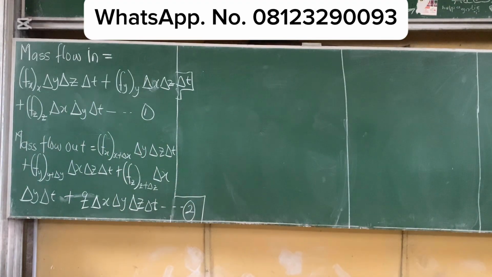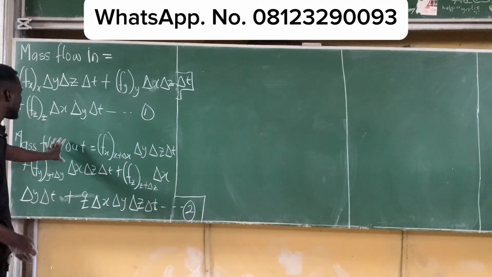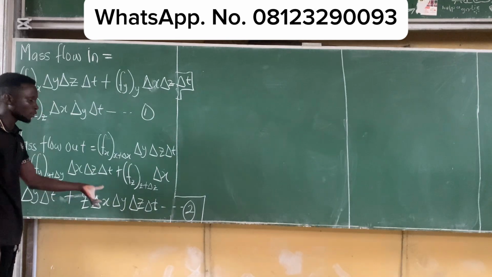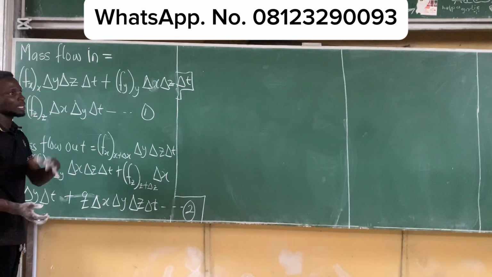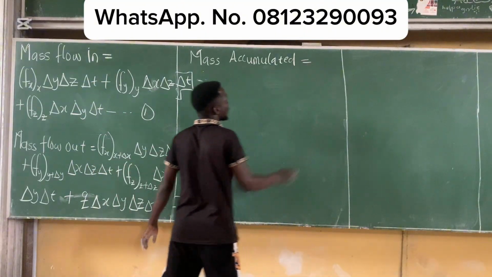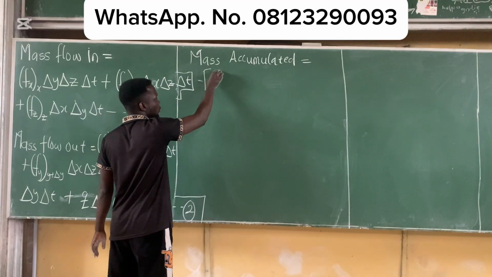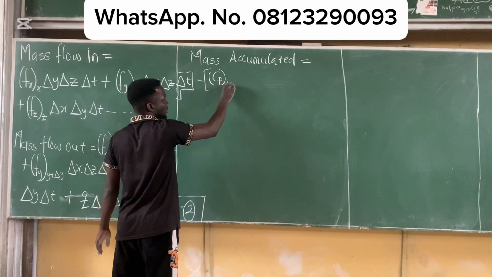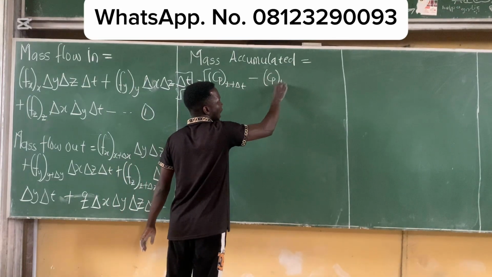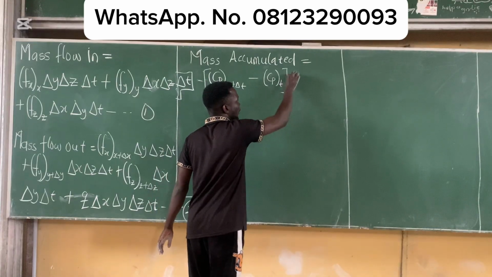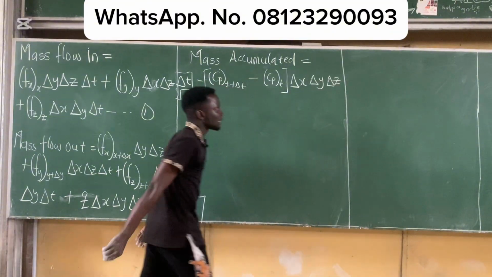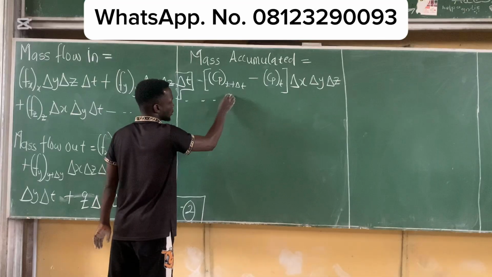Remember that the one that we considered the first time, there was no flow rate, but now the mass flow out of the block becomes this equation with flow rate, since we are considering the flow rate of the mass inside. So we have this. Our mass accumulated is equal to Cp at t plus delta t minus Cp at t multiplied by the volume delta x, delta y, and what? Delta z. So this is our equation 3.